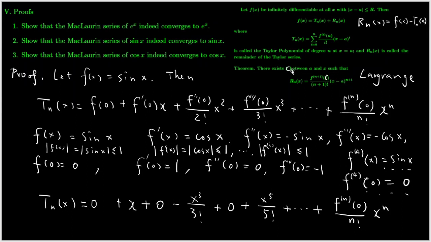This value of c in general is between a and x. In this particular case, because a is 0, this c is always in between 0 and x. This is how you can represent the remainder in here, using a closed form.